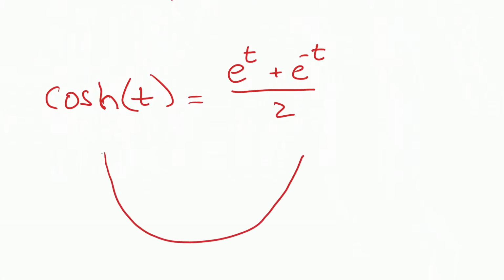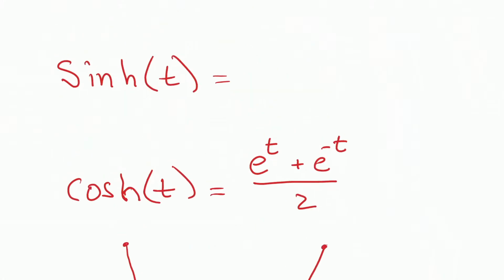It is what you get if you suspend a cable or a rope from 2 points. A self-supporting arch like the St. Louis arch is an upside-down catenary. So the hyperbolic sine is the same thing, only we have a minus there instead of a plus.